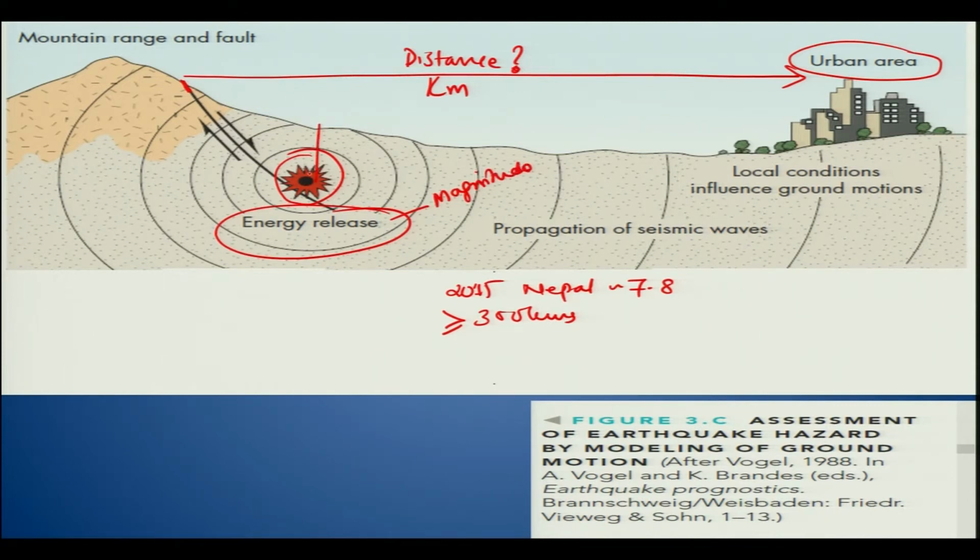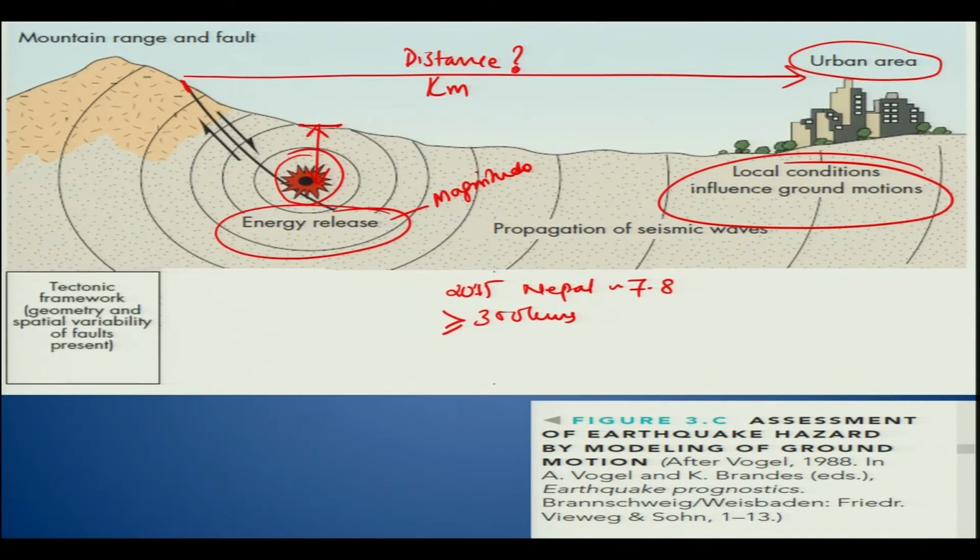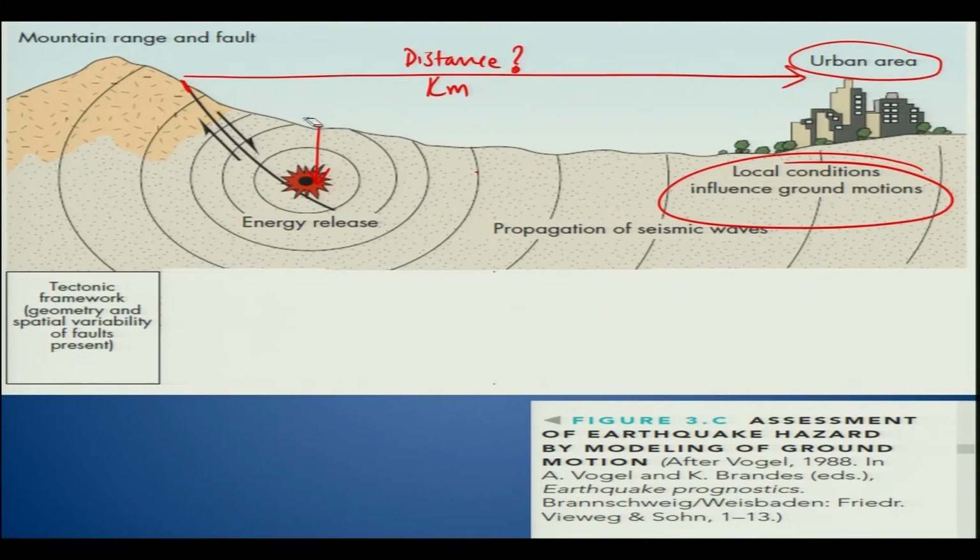Of course, another important point is the depth at which this earthquake has occurred, the local site conditions, and how far we are sitting from the source. For this full understanding, one is the tectonic framework we should understand.